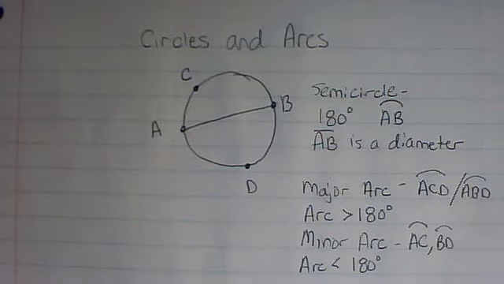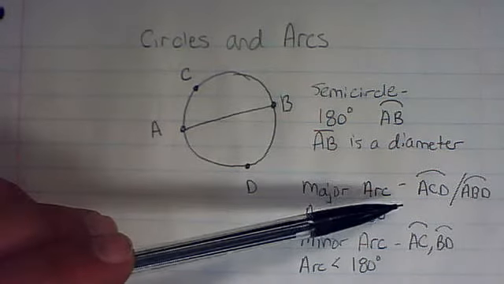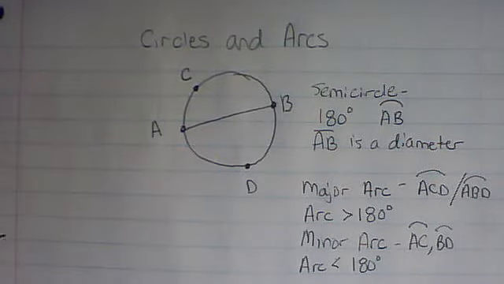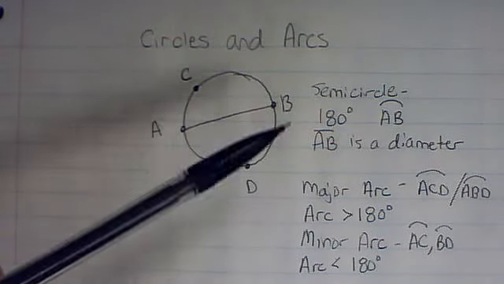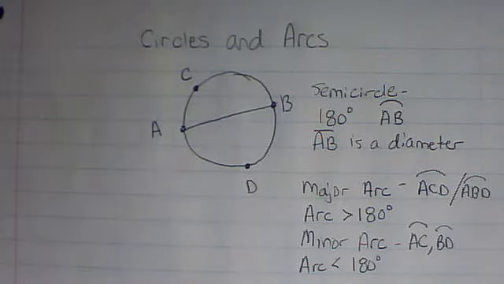So those are those first three definitions: semicircle, minor arc, or major arc. So if they ask you to name a major arc, you know what the requirement is and what the expectations are for that. If it's a semicircle, obviously AB going this direction or AB going this direction will represent the exact same length, or you can call that the exact same measure.